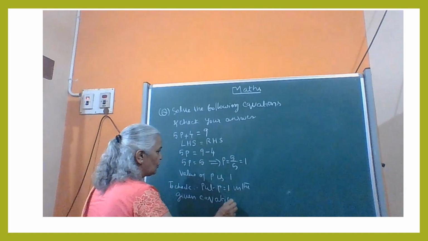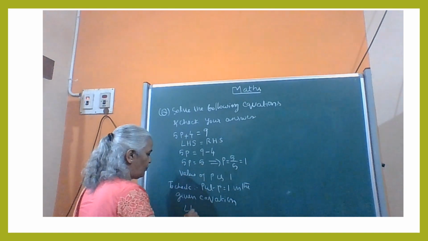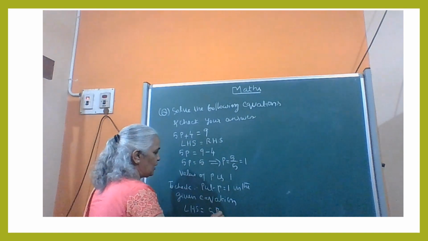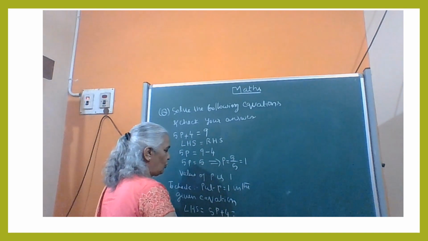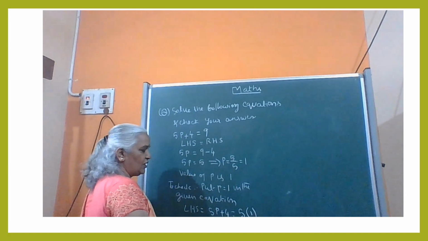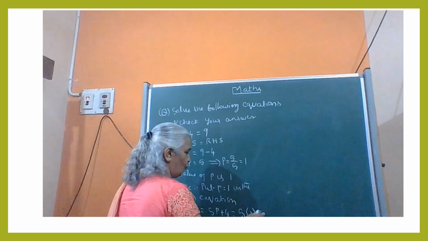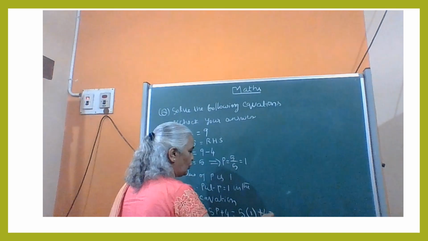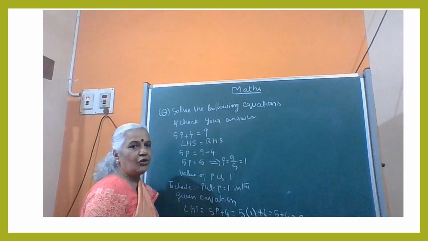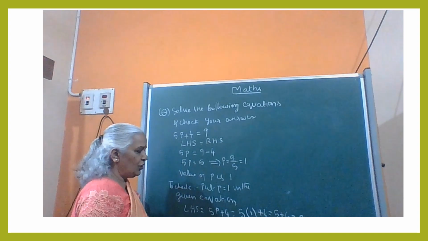In the left hand side there is 5p plus 4, which is 5 into 1 is 5 plus 4 is equal to 9.